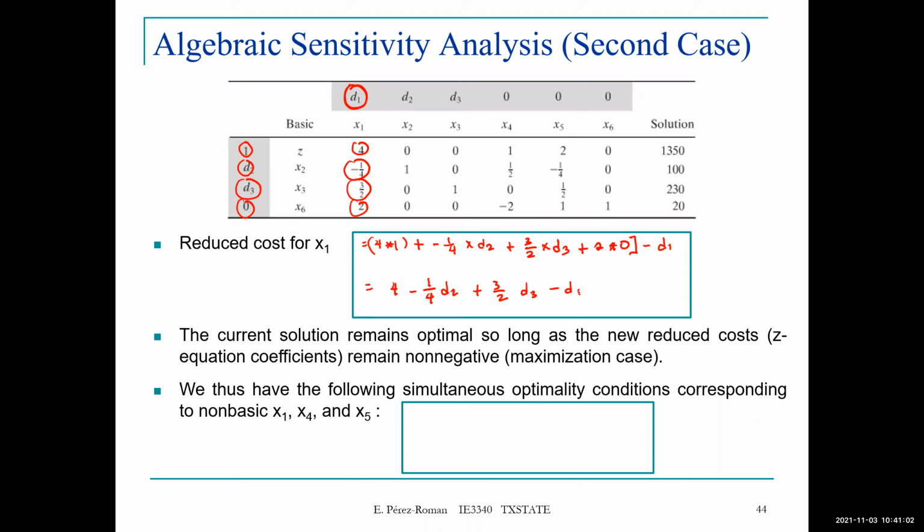So we want to make this greater or equal to 0. We thus have the following simultaneous optimality conditions corresponding to non-basic variables x1, x4, and x5.